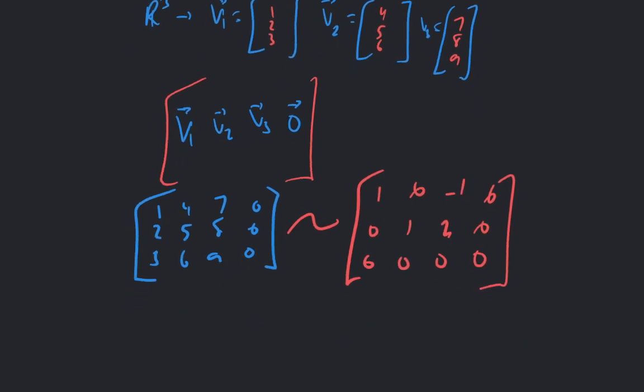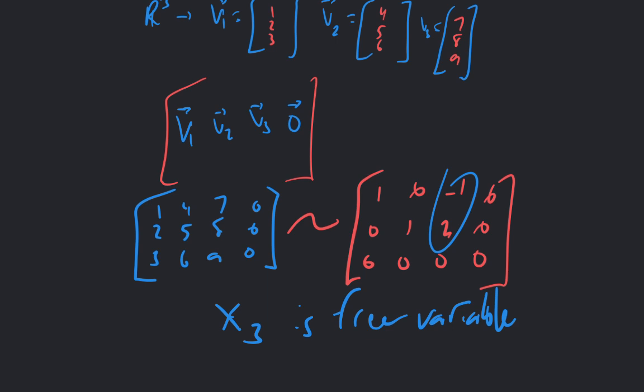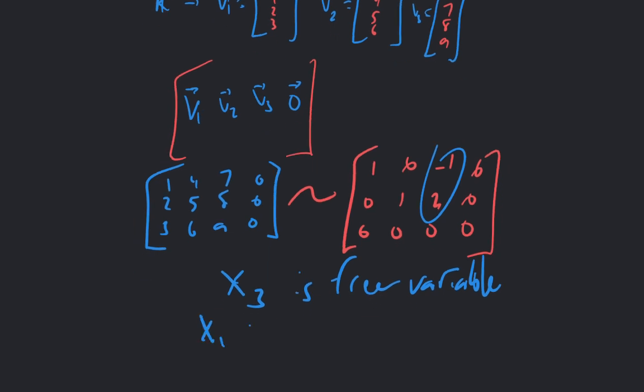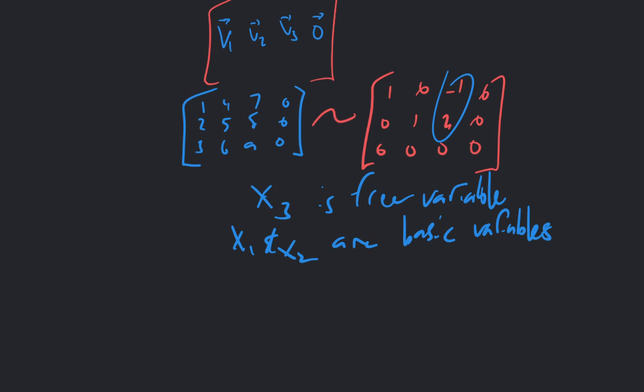So this shows us that x3 right here is a free variable. x1 and x2 are basic variables. And we can actually write C1 minus C3 equals 0, C2 plus 2C3 is equal to 0.